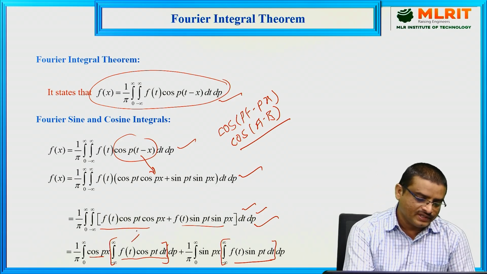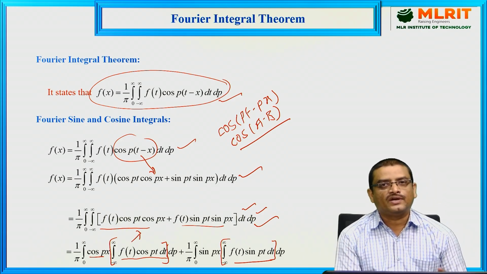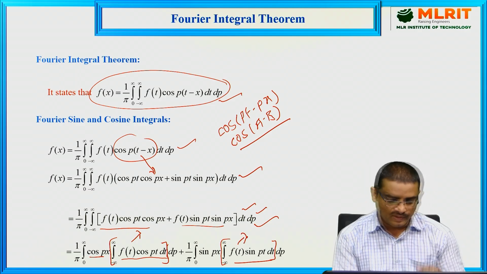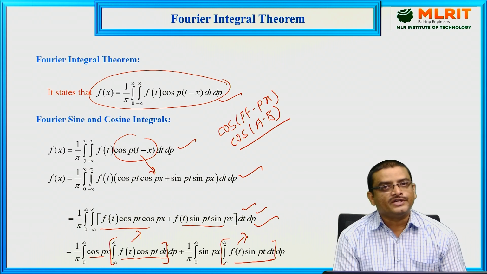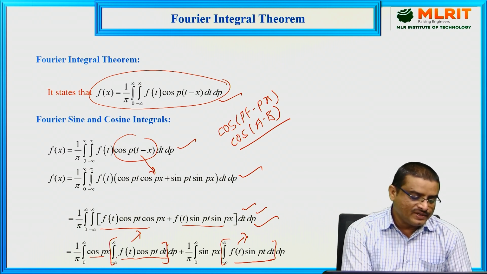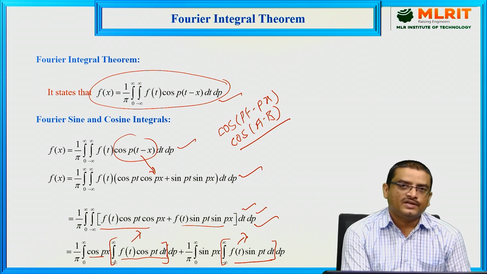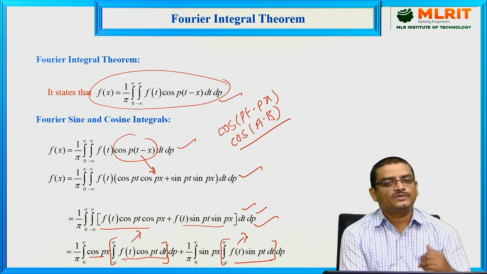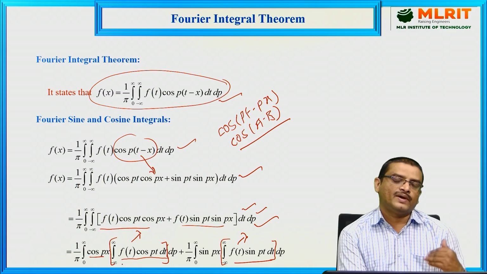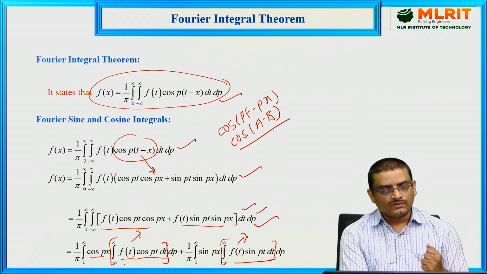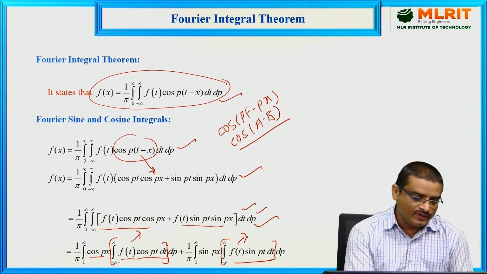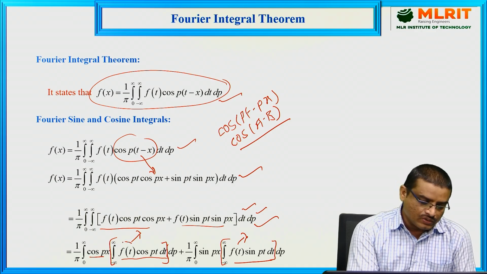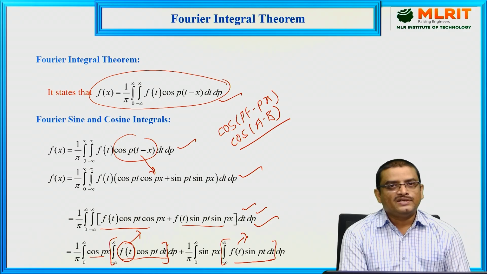Now we don't know whether this f of t is an even function or odd function, and here also we don't know whether f of t is an even function or odd function. Why are we concentrating on even and odd functions? Because the integral limits are minus infinity to infinity. Whenever we have the integral limits as minus a to a, or minus b to b, or minus 1 to 1, or minus infinity to infinity, with these types of integrals from minus to positive, we have to concentrate on whether the function is even or odd.